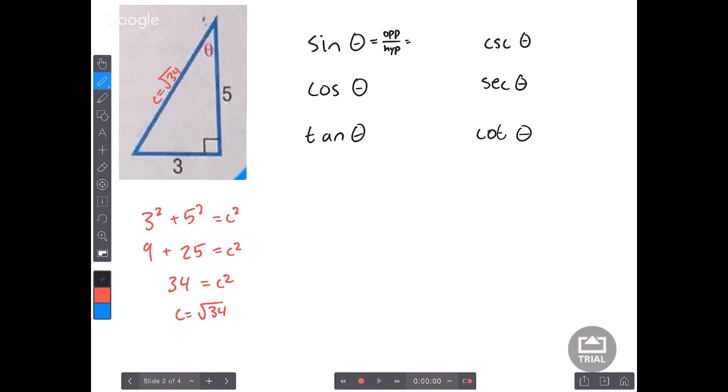And I'm going to say that means that the opposite side over the hypotenuse will be 3 over root 34, which equals 3 root 34 over 34.